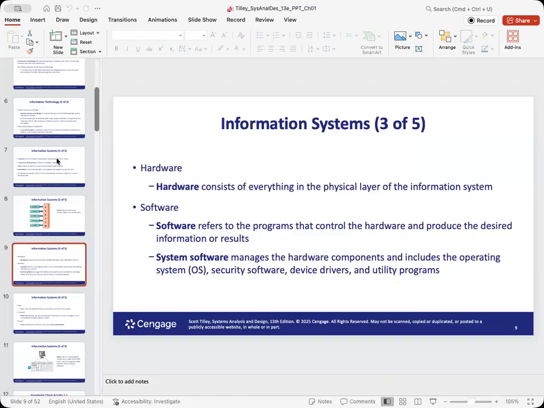And one of the things you need to understand is that there are 2 types of softwares. We have application software and then what? Application software and system software. Exactly.